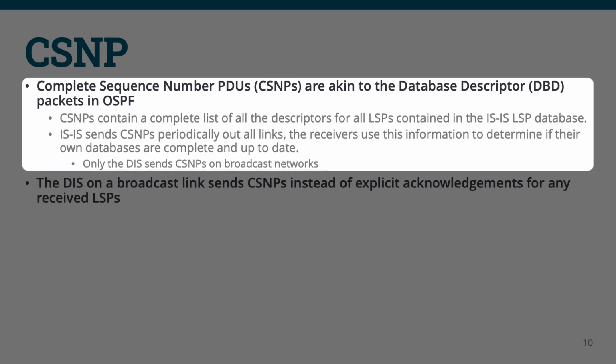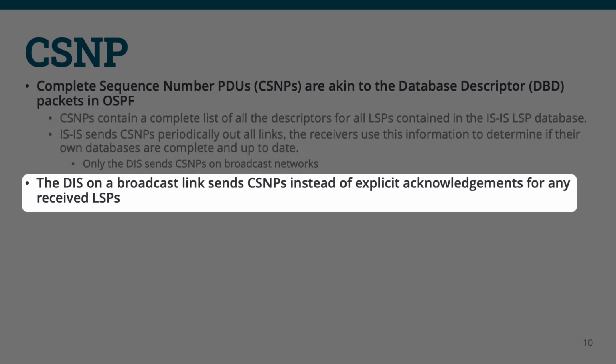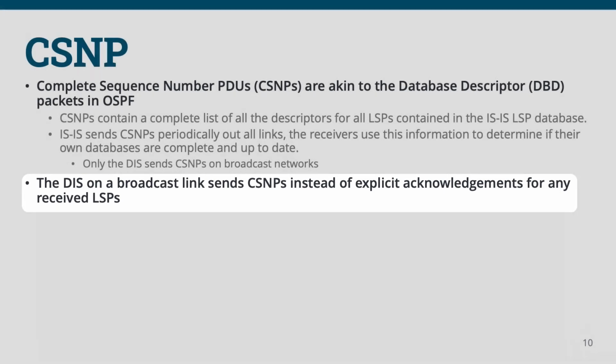Only the DIS on a broadcast segment, though, will originate CSNPs to the other nodes on the segment. As we mentioned earlier, the DIS will also respond with CSNPs as an acknowledgement for the receipt of LSPs, with those new LSPs included in the new CSNP.